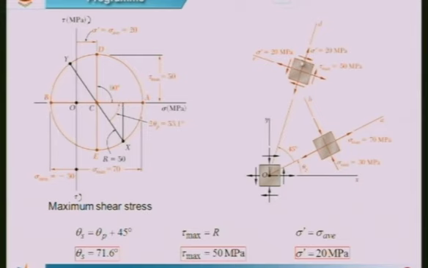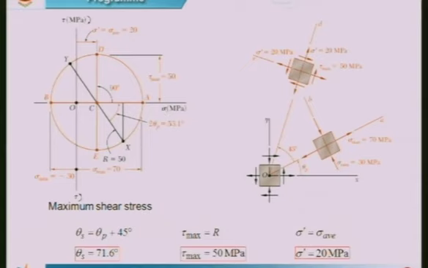OC would be the normal stress acting on the plane on which the maximum shearing stress is going to act, which is this 20, and this is what we would have got when we use Mohr circle.